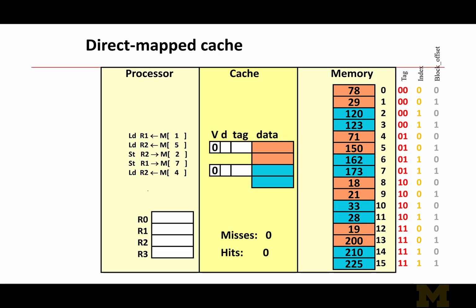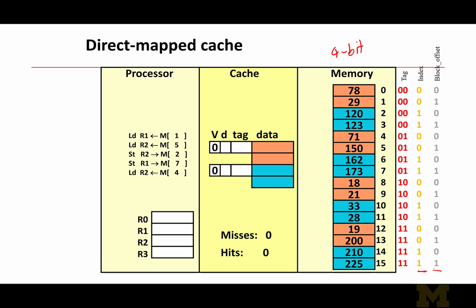So in this example, I have only two cache lines. So as a result, the index is just 1 bit. I still have my 4-bit address space, with 16 bytes of data in memory. And so my address has 4 bits.